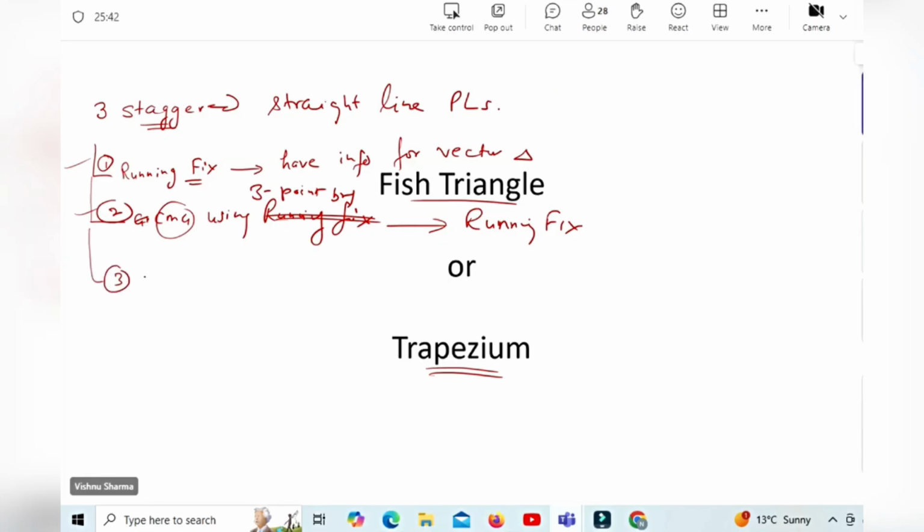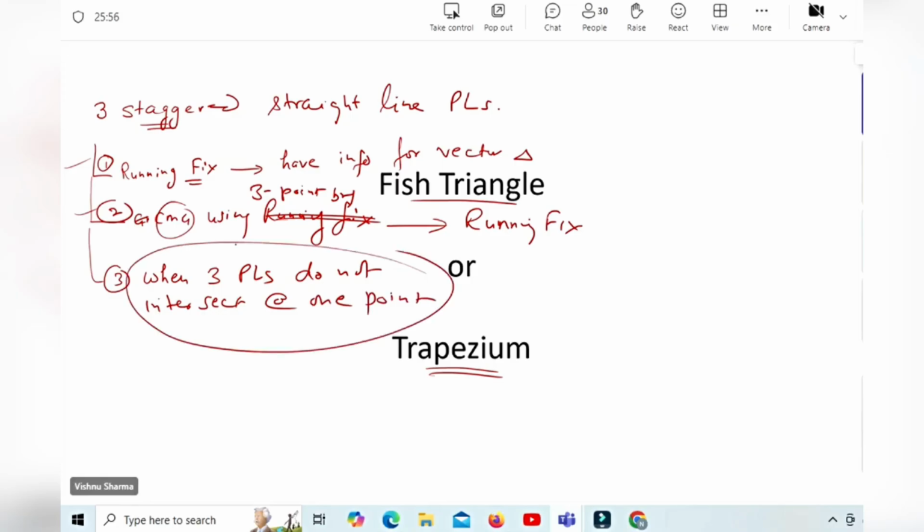When all three PLs do not intersect at one point. In that case, even 3-point bearing will let you down, and in this case you can assume that it may be a fish triangle question or a trapezium question. So you'll spend 15 seconds to first decide whether it's a case of fish triangle or not. Am I clear, guys?